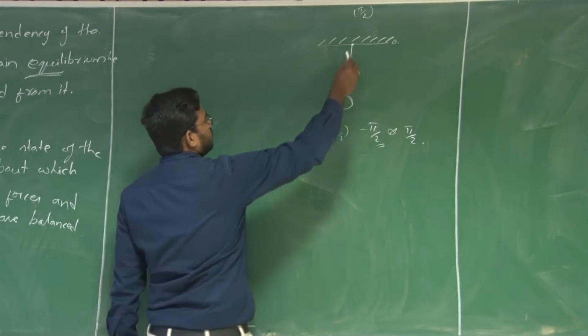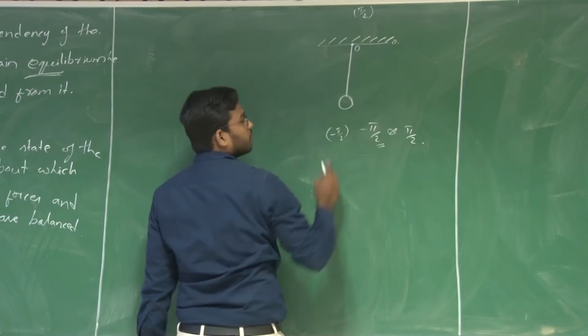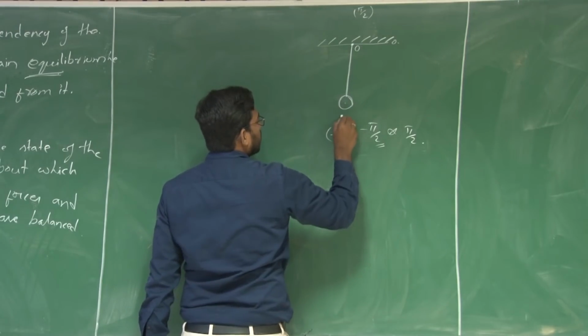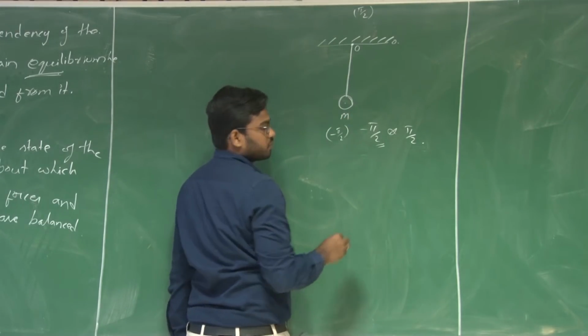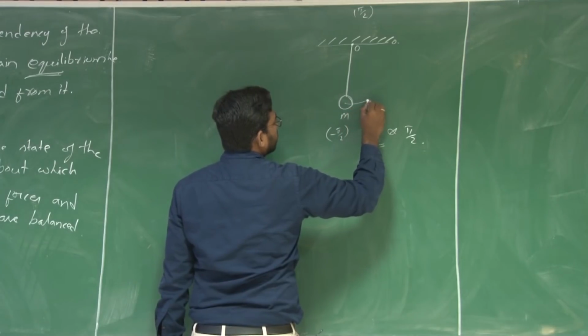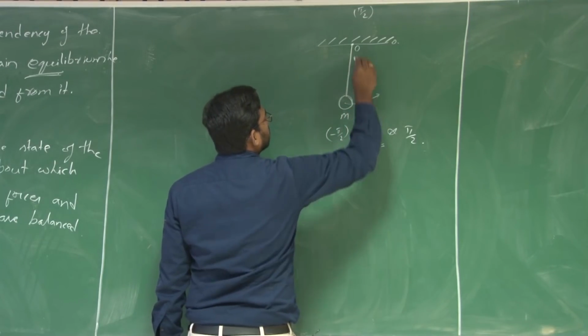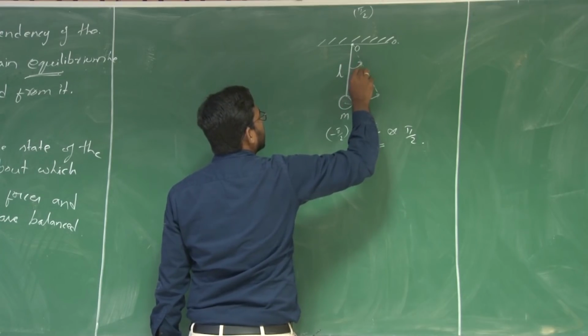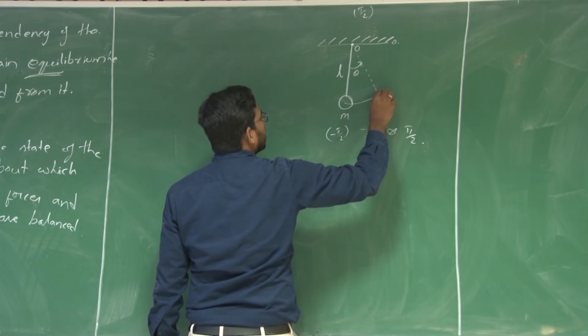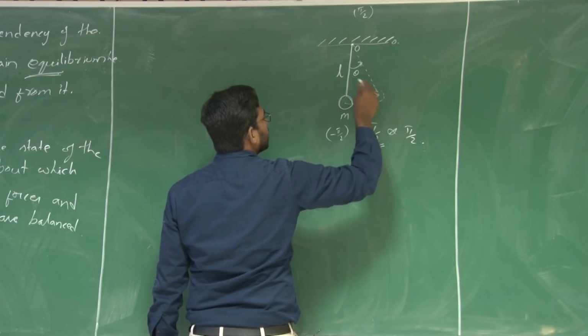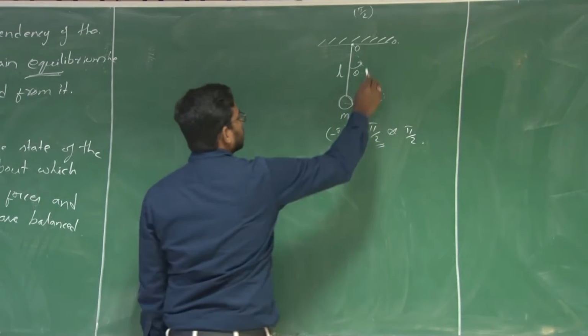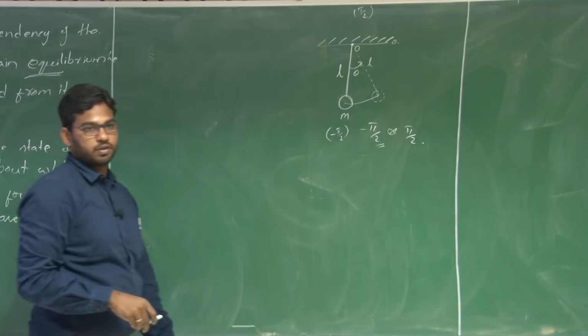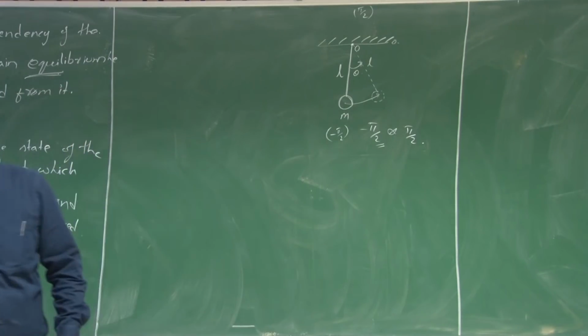This is your pivot point O, and let m be the mass of the system. Now you displace this mass by an angle theta, where L is the length. You displace this mass to an angle theta here. The length will remain constant L.